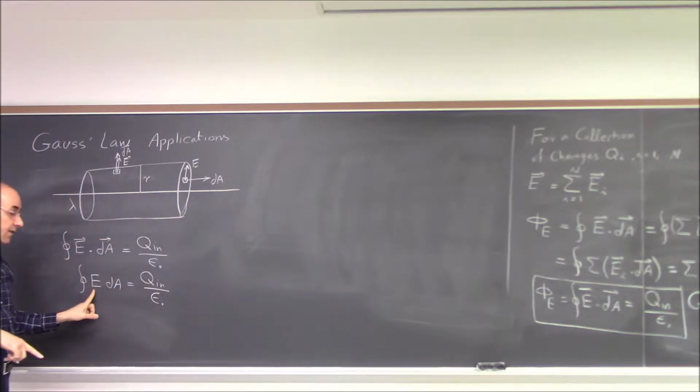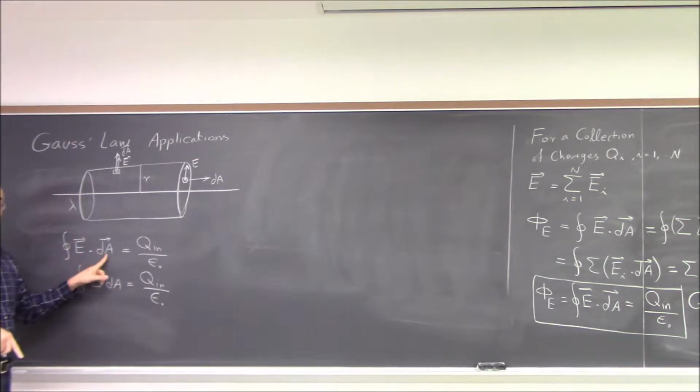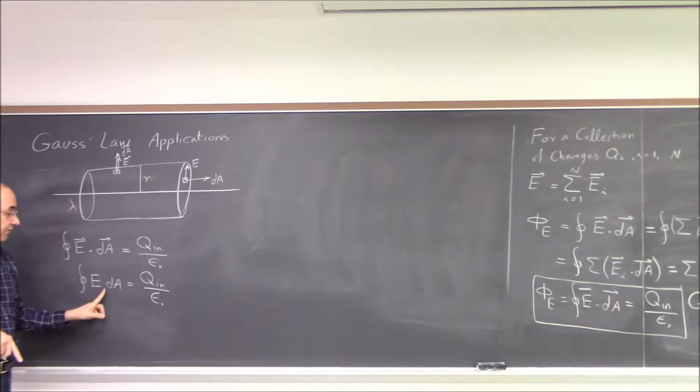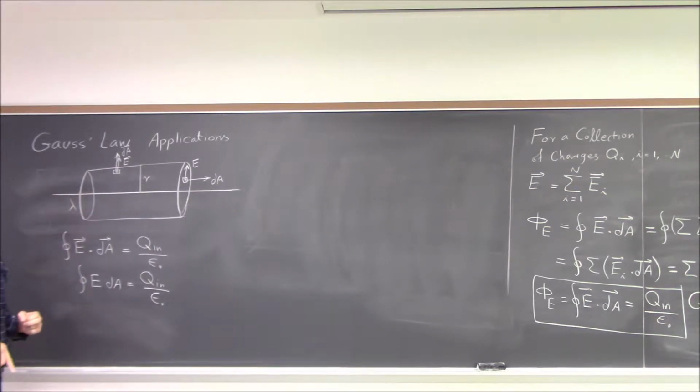So the electric field is the same everywhere on the surface, has the same magnitude. Of course, different directions, but the same magnitude. The directions are always in the direction of dA. That simplifies it to this. But E is also constant and can come out of the integral. This is how we use the symmetry to simplify the integral.